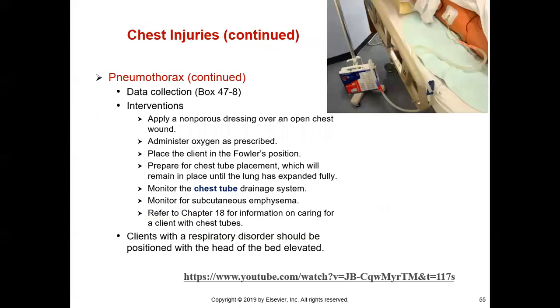What next? What are the signs and symptoms if a patient has a pneumothorax?